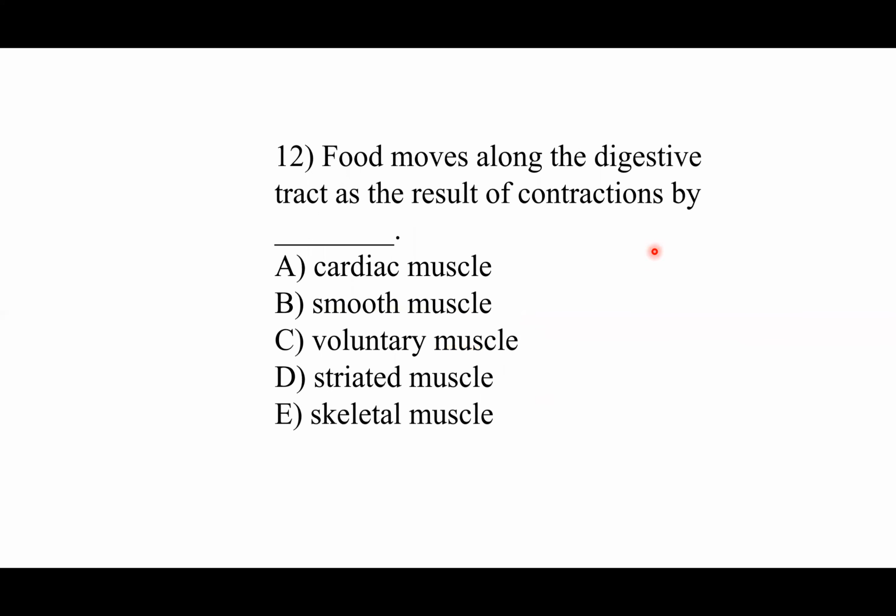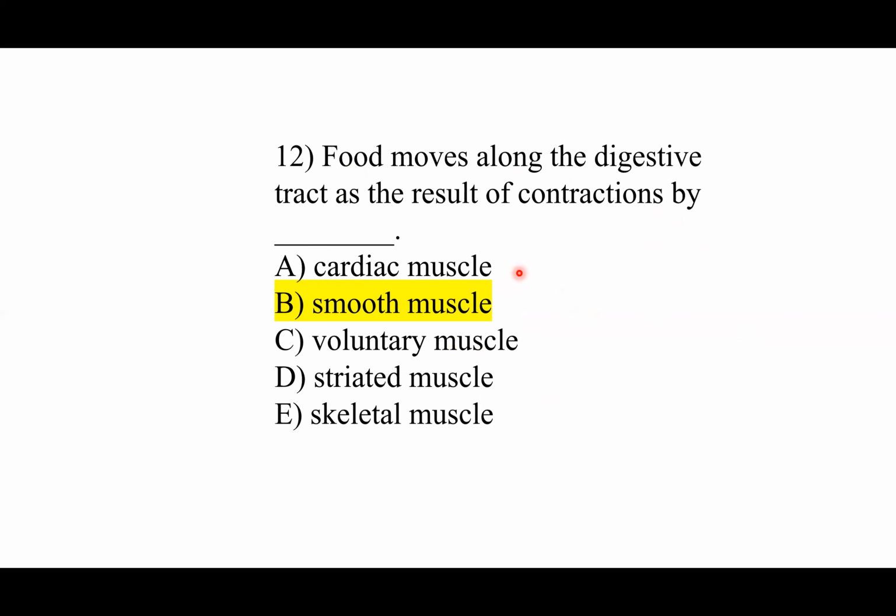And let's move on to 11. Food moves along the digestive tract as the result of contractions by smooth muscle. Again, you just got to remember the kinds of muscle tissue and what does what. And this is kind of process of elimination.